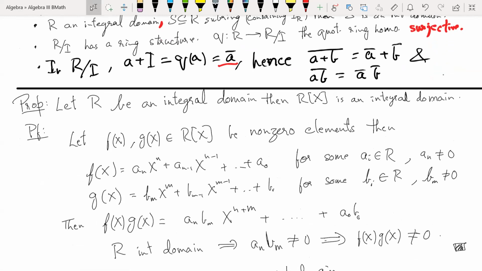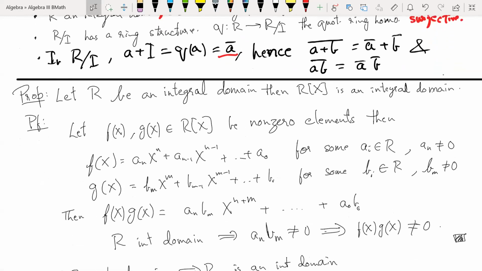This is something which we discussed last time. Let R be an integral domain, then R[x], the polynomial ring over R in one variable, is an integral domain, and hence the polynomial ring in any finite number of variables x1 to xn is also an integral domain, because you just apply induction.